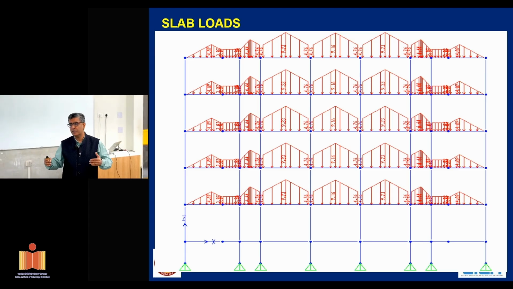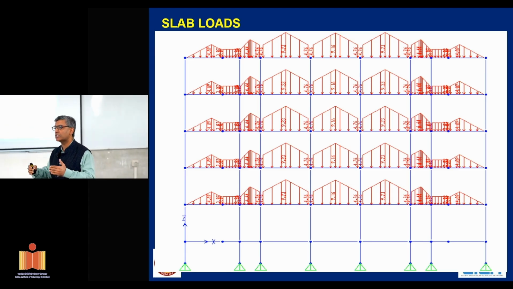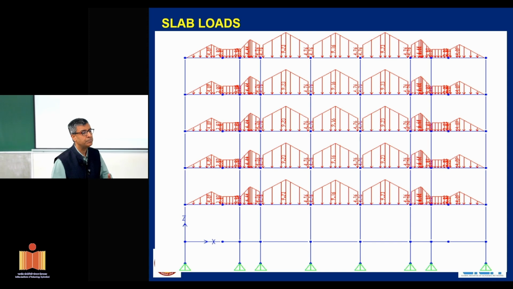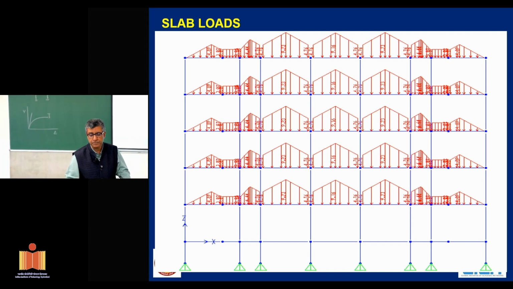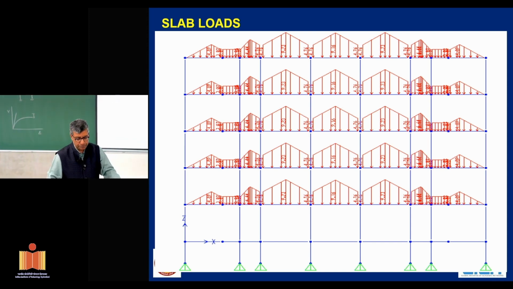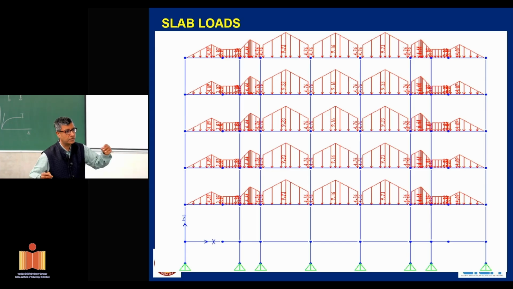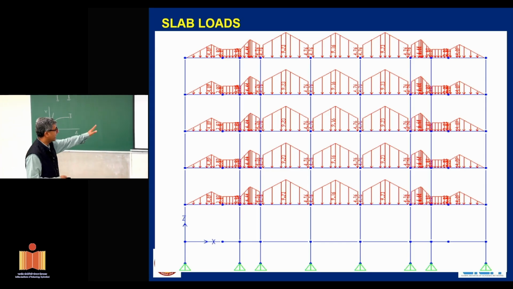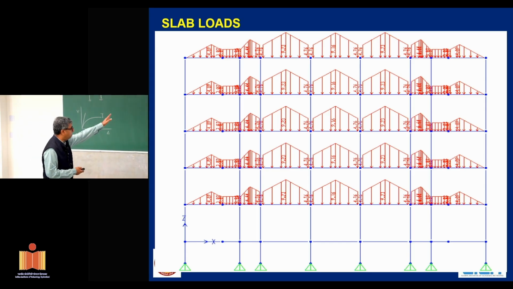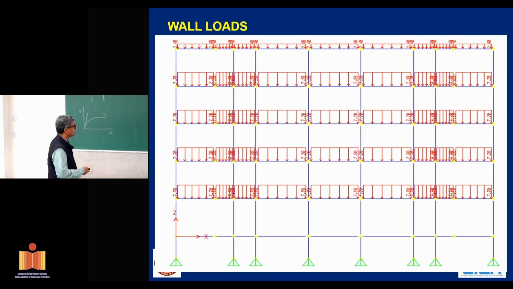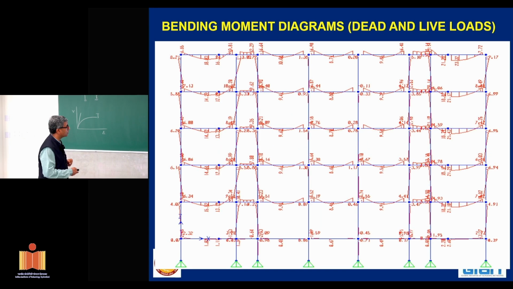How do we assign? We assign based on what is called the triangular and trapezoidal rule. This we learned in our third year BTech, that for a rectangular slab, how the load gets transferred to the supporting beams. That's where you are specifying the loads. If there are heavy walls, you have to specify the wall loads.